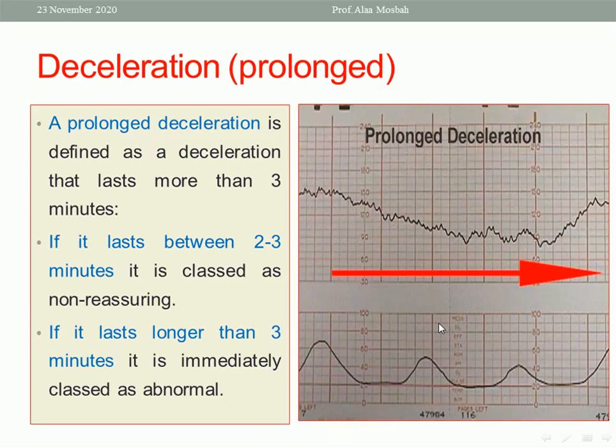If it lasts between 2 to 3 minutes, it is classed as non-reassuring. But if it is more than 3 minutes, it is classed as abnormal and dangerous, and may need immediate intervention. So it's called prolonged deceleration.